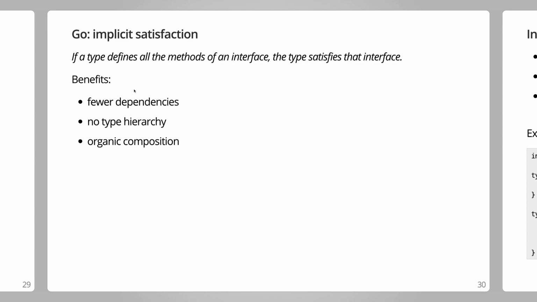In Go, we have implicit satisfaction, and that means that if a type defines all the methods of an interface, then the type satisfies the interface, and we can use that type as if it implements that interface. This gives some benefits for software engineering, like fewer dependencies, and we avoid some kind of type hierarchy. That's some of the problems with Java, and it allows easier composition of types.